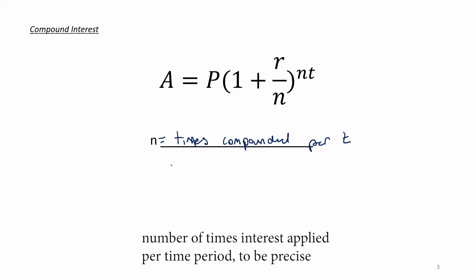So a very common one would be monthly, and it won't tell you 12. So monthly would be 12 in this equation. So for n, we're going to put 12 in both slots if the problem says it's compounded monthly. Another one could be semi-annually, and that would be 2. One could be bi-monthly.